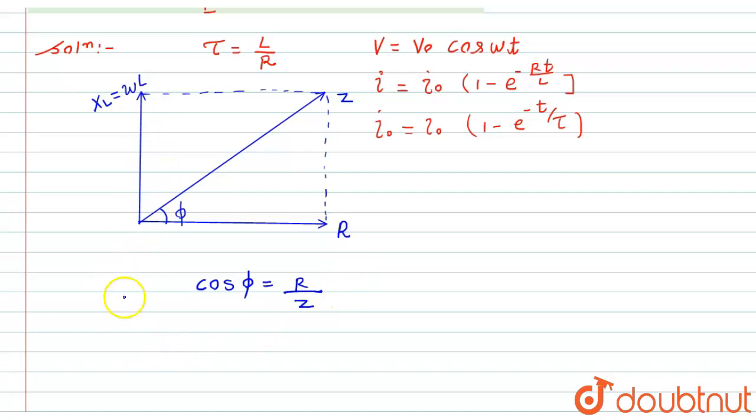Now if you try to find the impedance for the circuit, it can be given as Z equals under root of R square plus XL square, and this is by using Pythagoras. So if you put the value of Z here, we get R by under root of R square plus XL square.